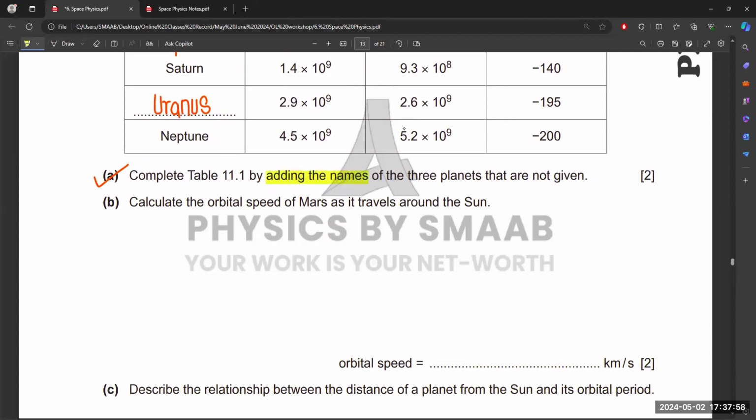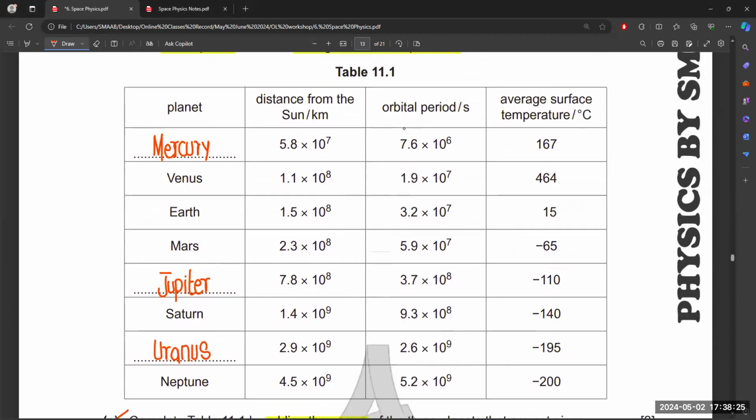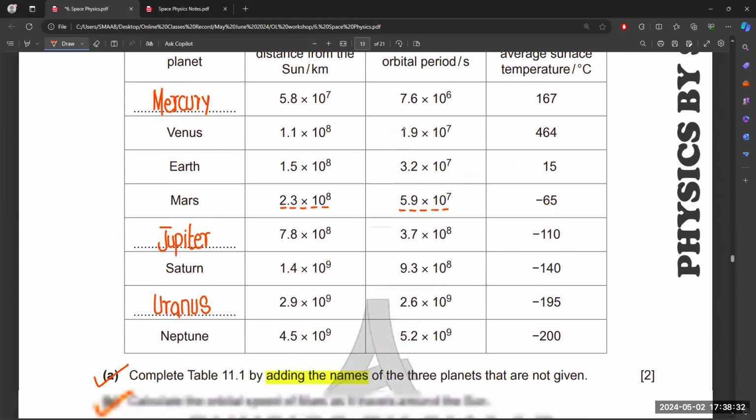So in the first part, we just added the names. And in part B, calculate the orbital speed. Basically, now we have to find the orbital speed of Mars. For Mars, we already have the distance in kilometers, the orbital time is given, and we have to find the speed.